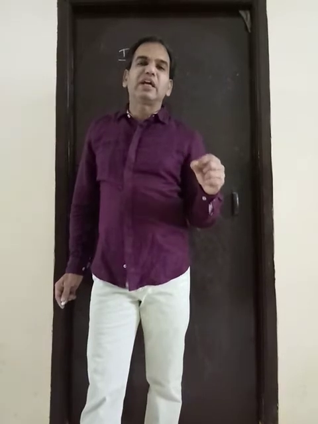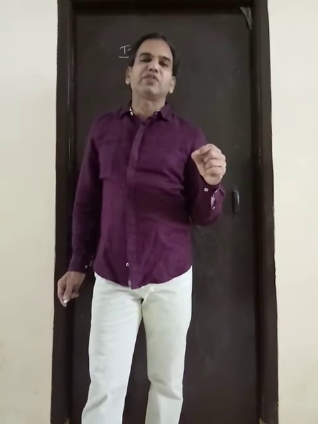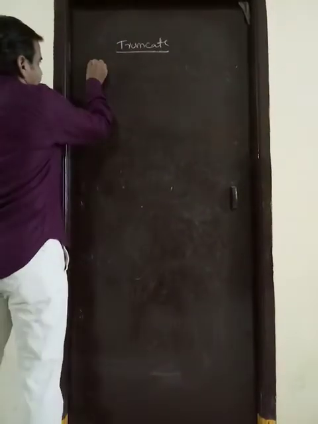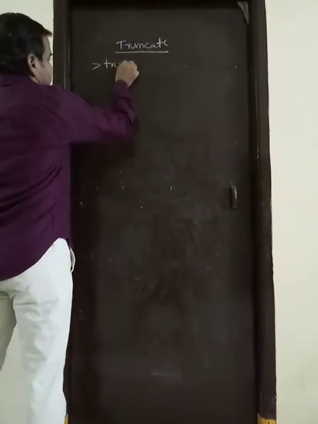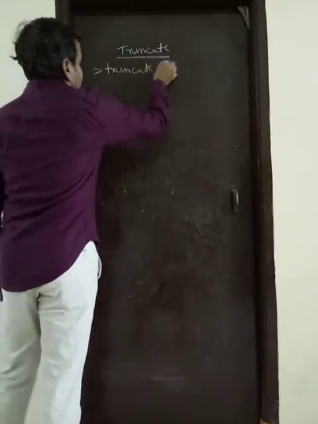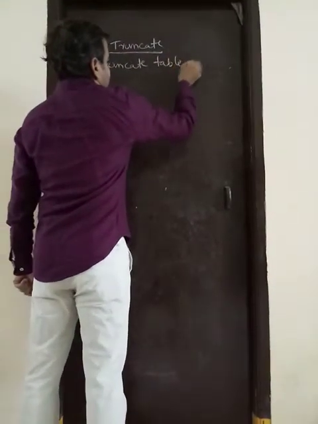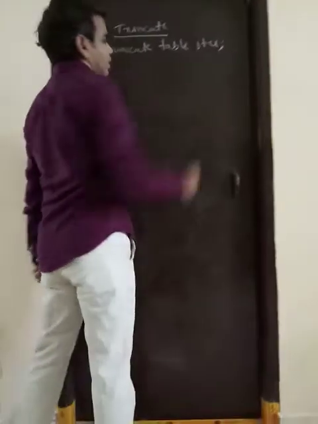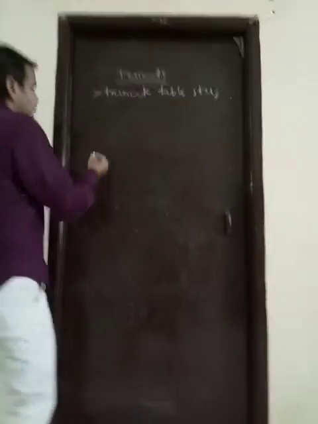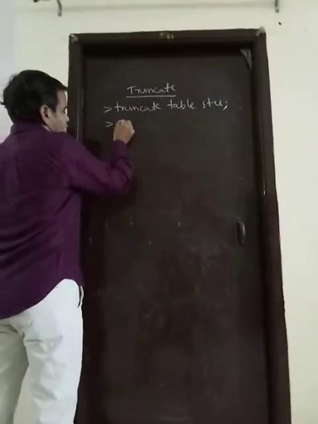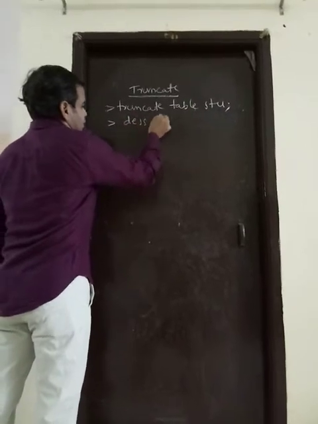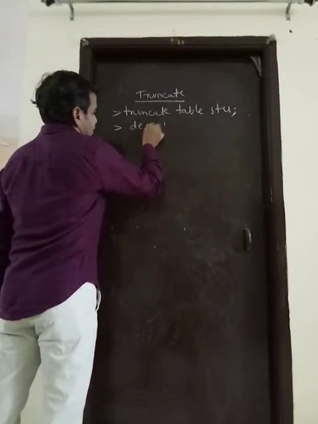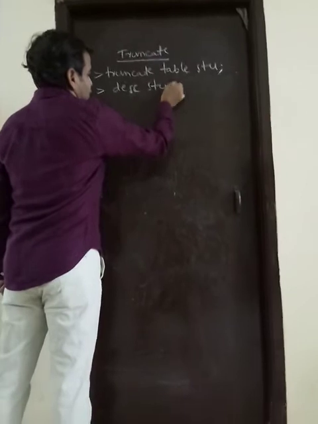There is no effect on the structure of the table. Again we can reuse it. So how? See, the command is truncate table. The table name is student. So the table values will be deleted. The structure will be there.